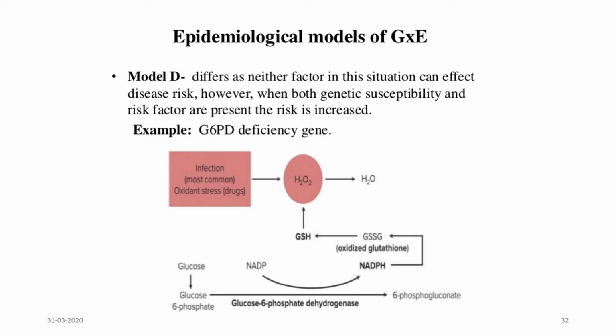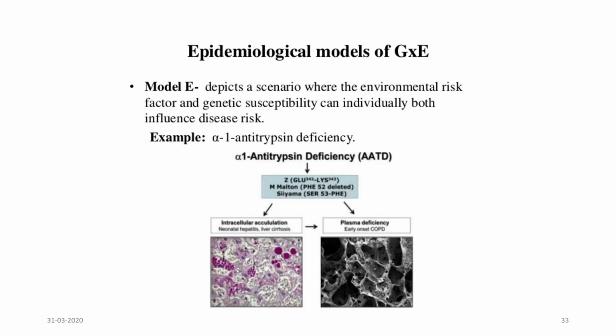But if there is an infection, the pentose phosphate pathway produces a lot of NADPH that is used in regenerating GSH, which helps in neutralizing hydrogen peroxide, which is caused due to an infection. If the environmental risk factor is present and the pool of GSH is not replenished, then the effects are seen. So only in the presence of a certain factor is the risk increased.